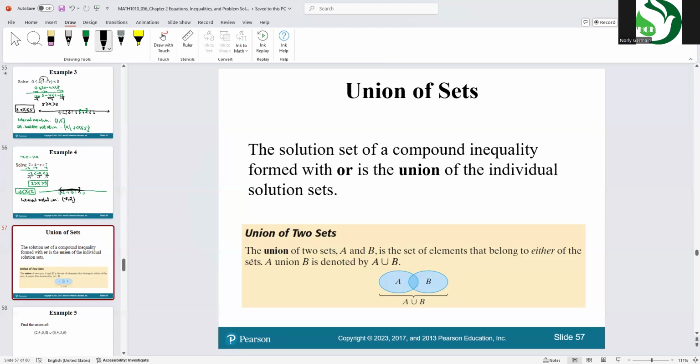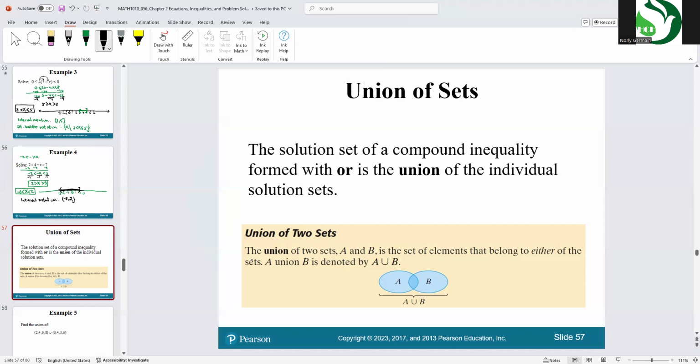So we said the solution set of a compound inequality formed with or is the union of the individual solution sets. Okay, so the union of two sets A and B is the set of all elements that belong to either of the sets. A union B is another set.